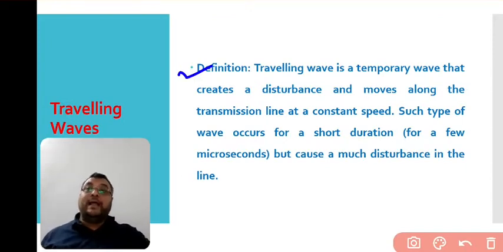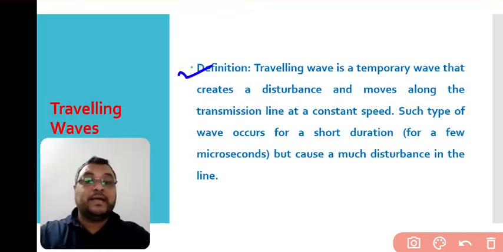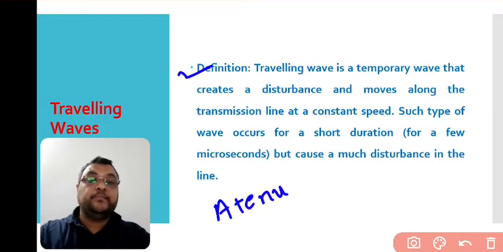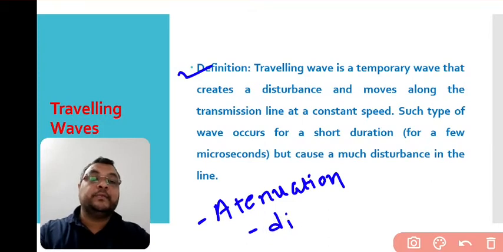It is considered a disturbance wave, and it also has two more properties. One is the attenuation, and the second is the distortion.